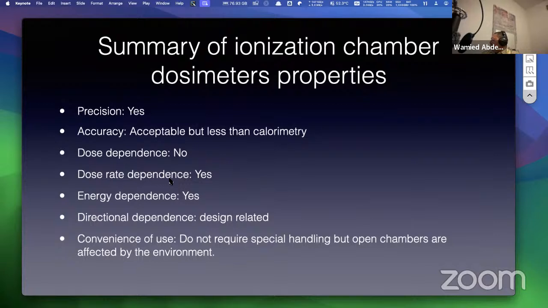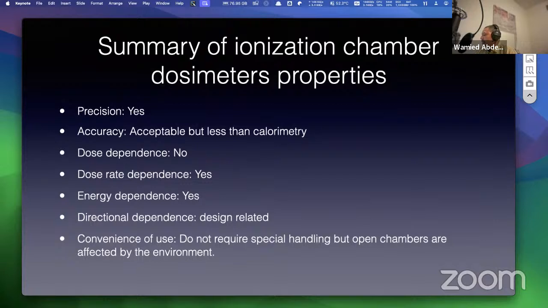Dose rate dependence, yes, they will exhibit dose rate dependence, but not really. I don't believe we see this in our typical linac-based clinical beams, but this could be actually in high dose per pulse beams. Energy dependence, yes, they do have energy dependence, especially when we want the dose to medium.